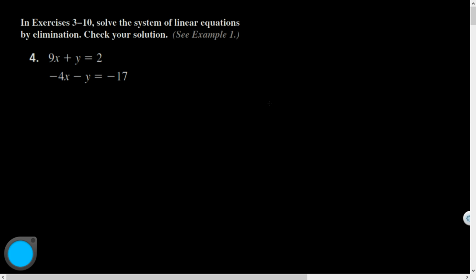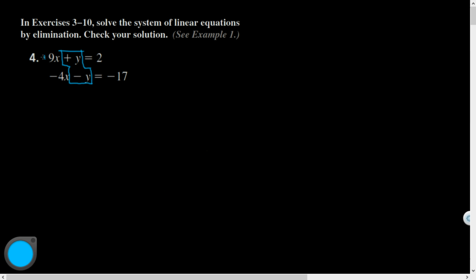The first step was basically to get one of the pairs of your variables to have opposite coefficients, which notice these y's conveniently have. Now you might say, "But Mr. Waddy, doesn't positive 9 and negative 4 have opposites?"